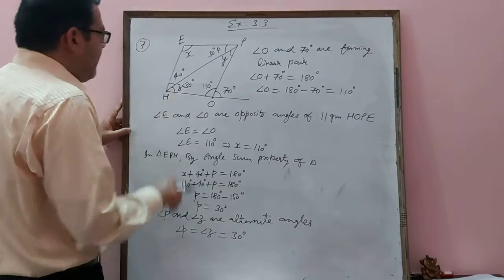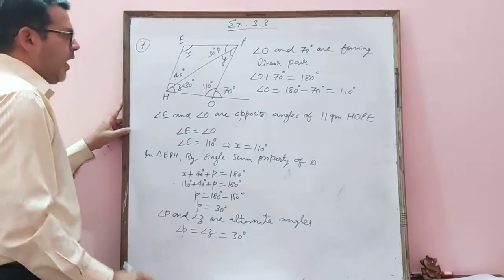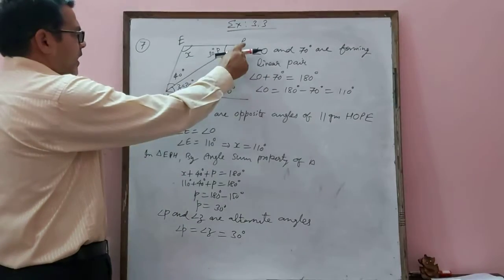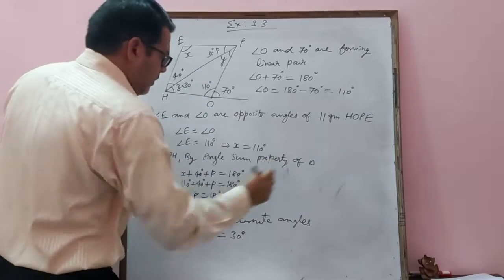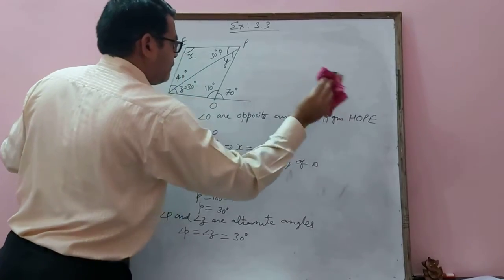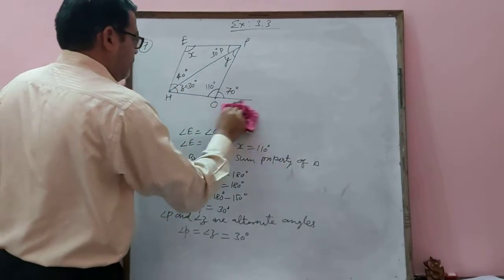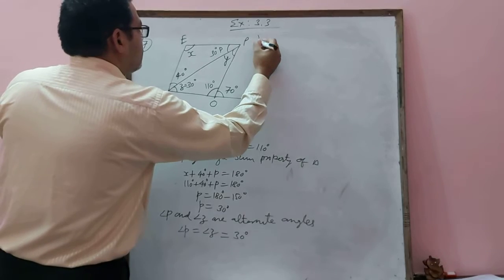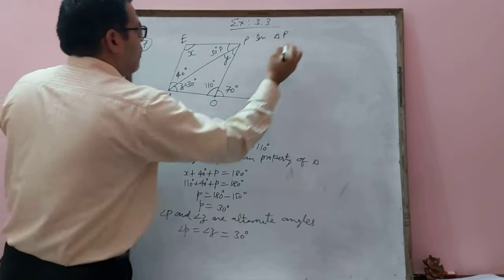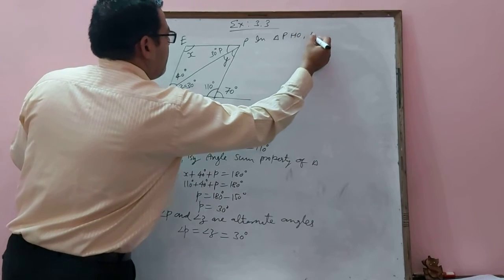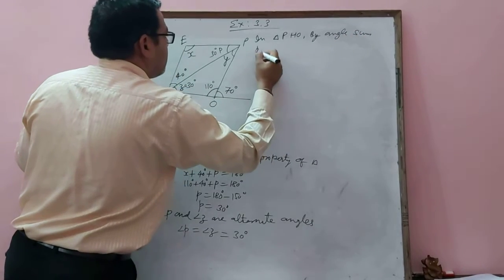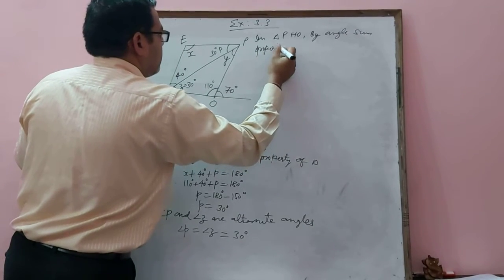Now we can easily find out value of Y. Again we can use here angle sum property for this triangle P, H and O. Now let me erase this one. So in triangle P, H, O by angle sum property, right?